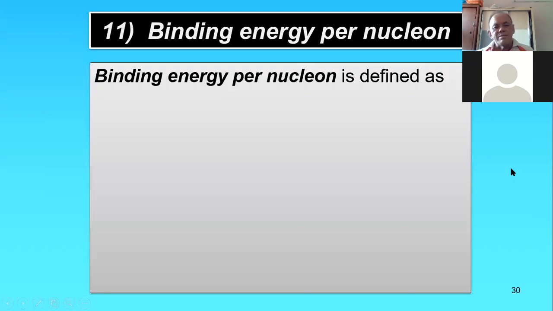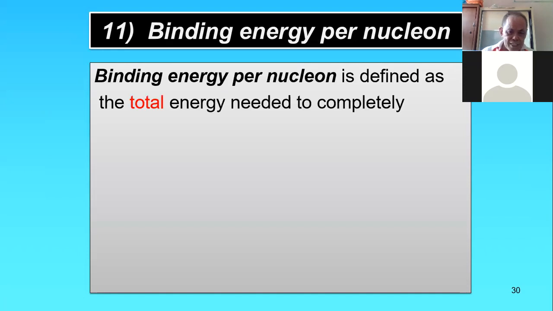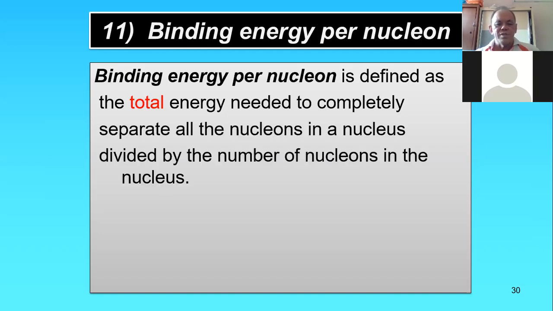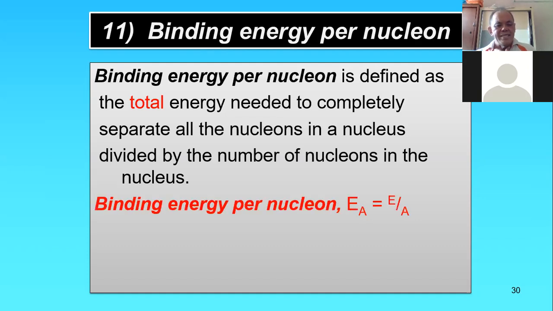So we can calculate the binding energy per nucleon. After we calculate the binding energy for the nucleus, then we can calculate the binding energy per nucleon. It's just the total energy needed to completely separate all the nucleons in the nucleus divided by the number of nucleons. It means the binding energy of the nucleus divided by A, the mass number.